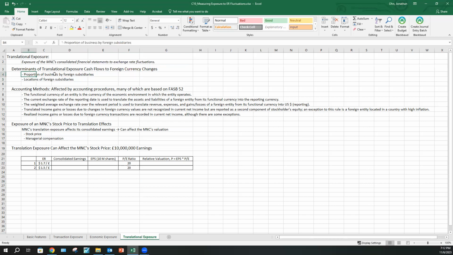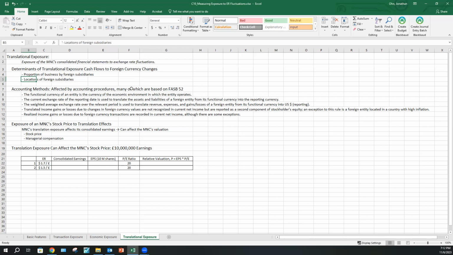the proportion of business done by foreign subsidiaries. If foreign subsidiaries are over 50%, over 70%, 80%, that will mean much higher translational exposure. And of course also the locations of foreign subsidiaries: multiple countries and currencies may have different exchange rate volatility.